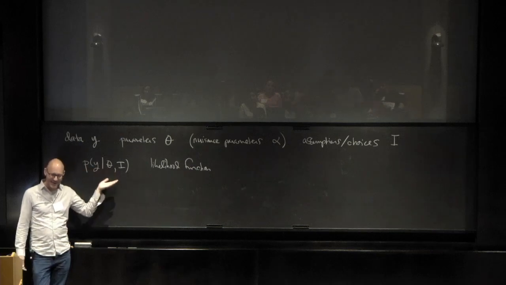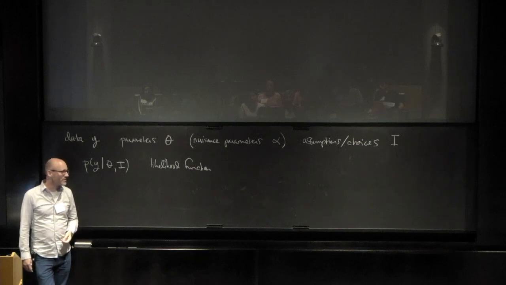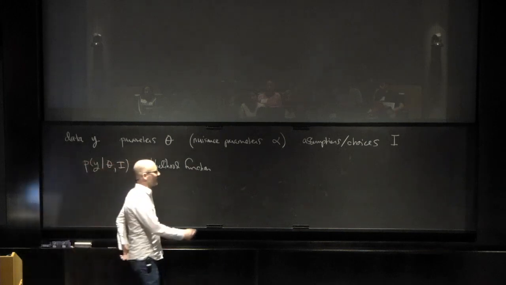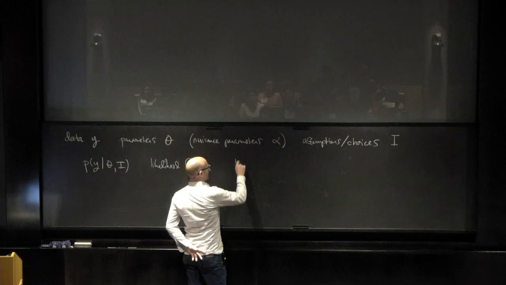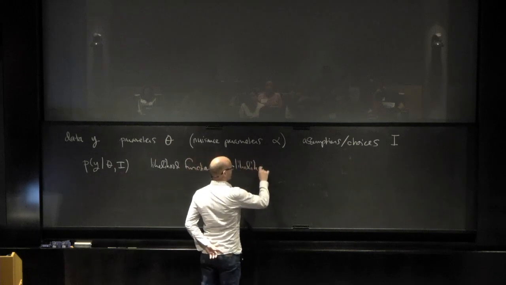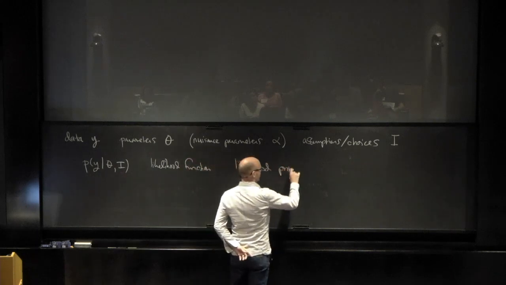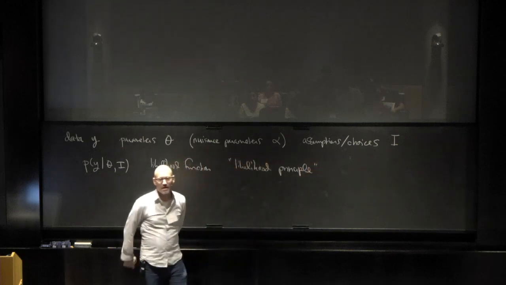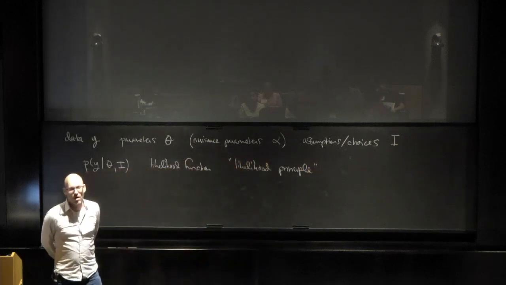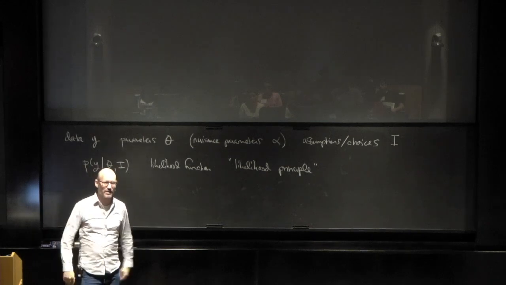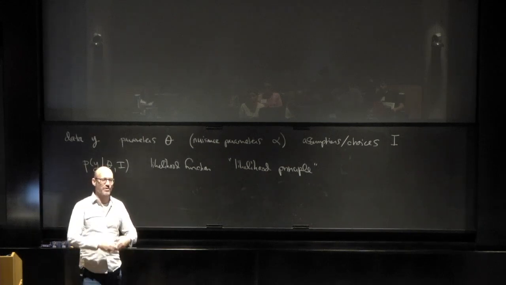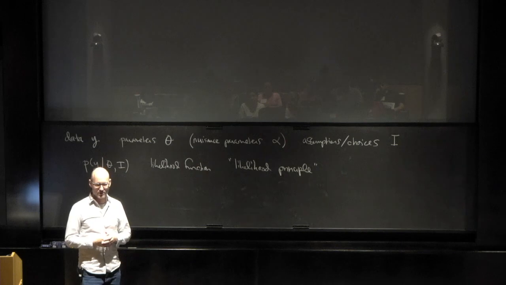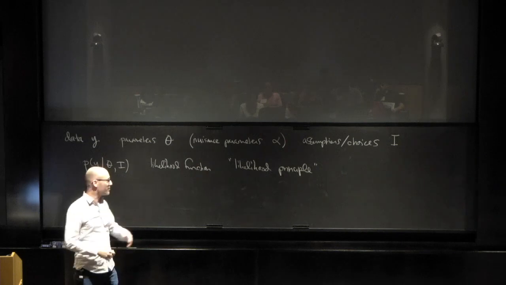And there's something called the likelihood principle, which I'm just going to write here, and you can look up on the internet, which is that all the information in your data about the parameters is encoded in the likelihood function. That's what a Bayesian would say.